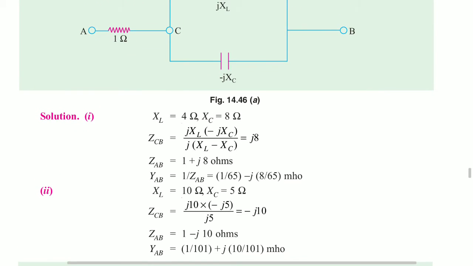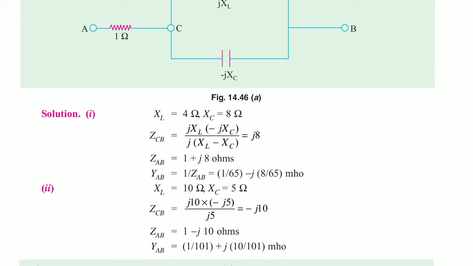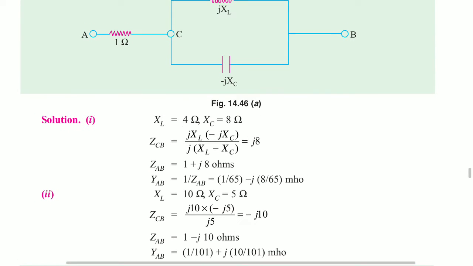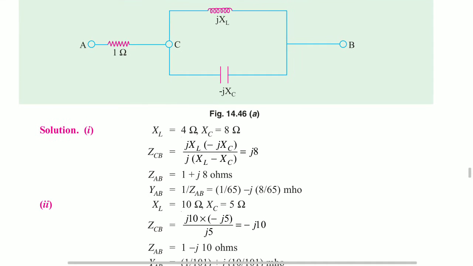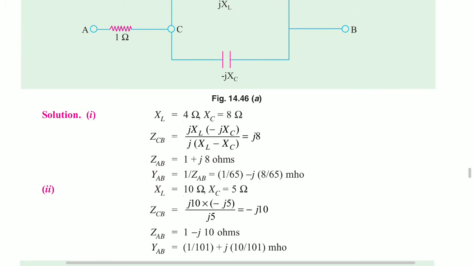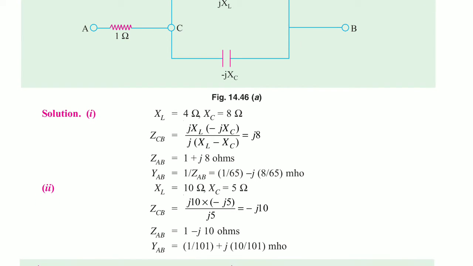Now ZAB is the 1 ohm and ZCB in series, so ZAB is equal to 1 minus j10. So here the circuit is an RC circuit.